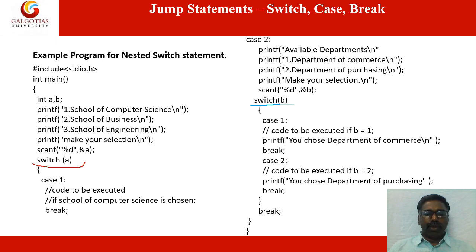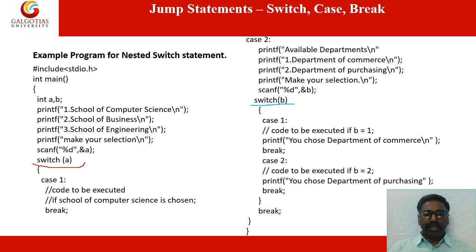And in the case 1, we need to write our code for the case 1 statements, and we need to supply the break statement. And in case 2, we write our own code for the case 2 set of statements and a break statement here.